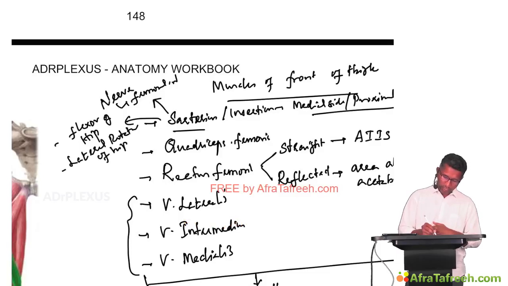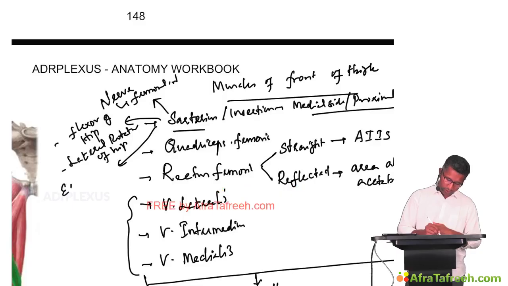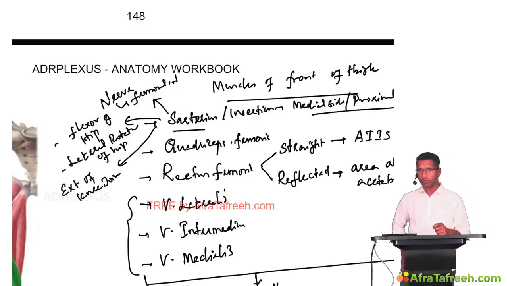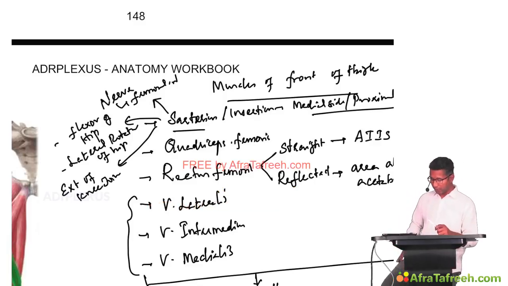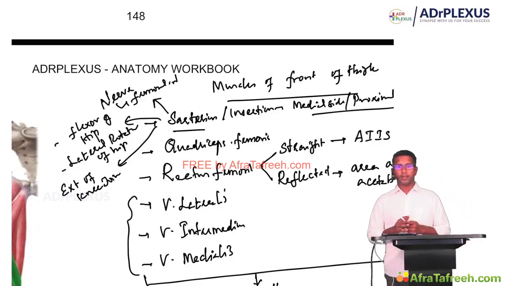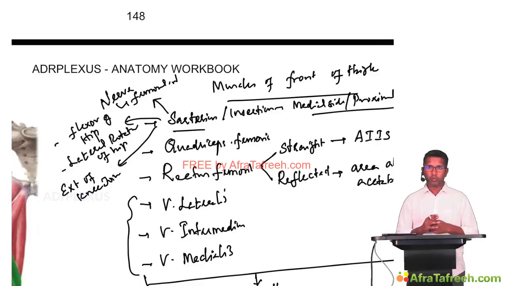It also causes flexion of the knee joint. So when your hip goes in for flexion and external rotation, and the knee goes in for flexion, this action is produced by the sartorius muscle.